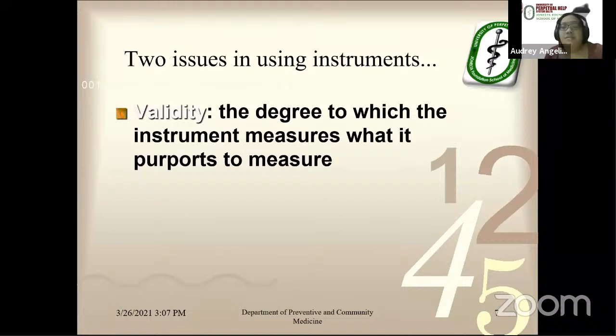However, some would use it to quantify bacterial vaginosis as an infection. So for measuring bacterial vaginosis using the pap smear, is it valid if we apply this definition of validity? No, because it wasn't designed to measure bacterial vaginosis.